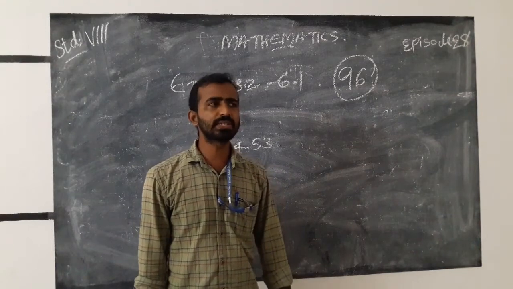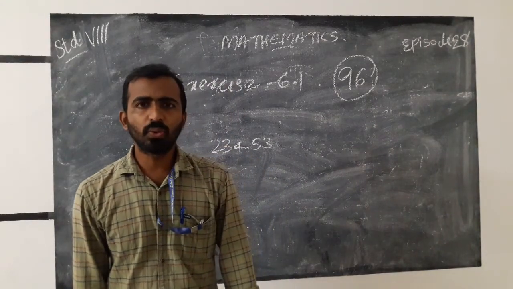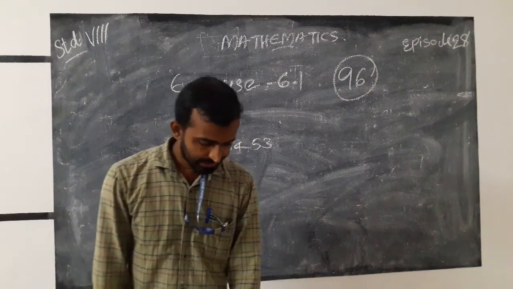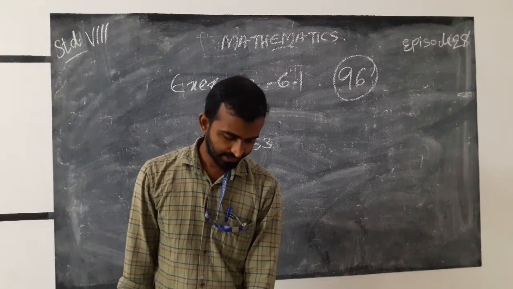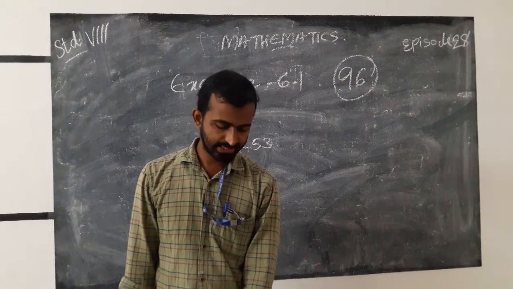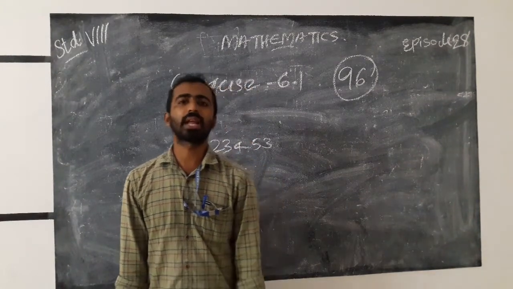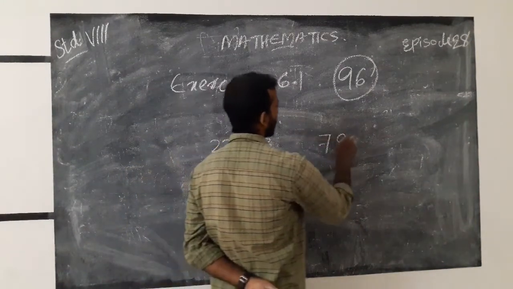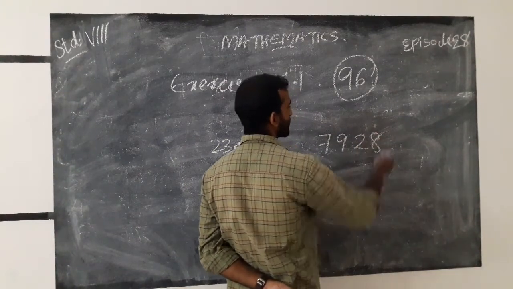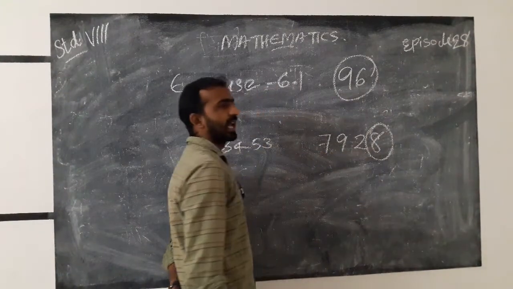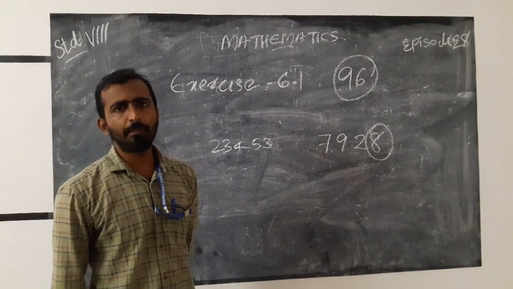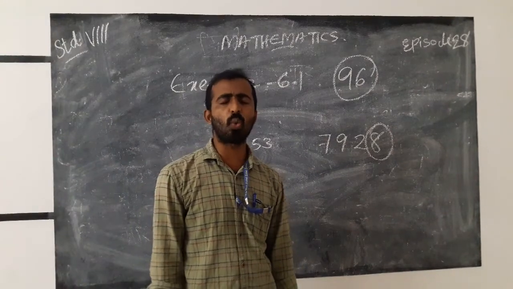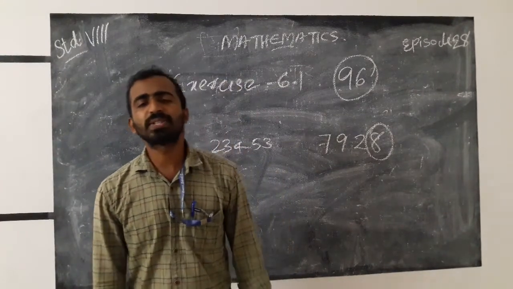And next we are discussing 7,928. Here also, this number ends with 8, so it is not a perfect square, because square numbers end with 0, 1, 4, 5, 6, 9.